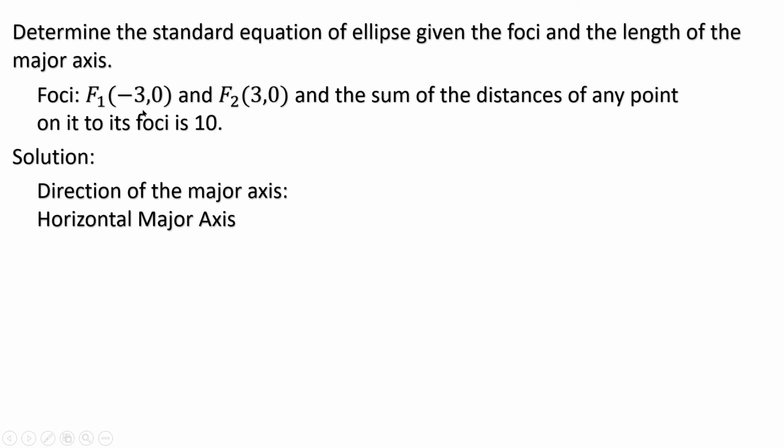If x is changing, it means horizontal. If y is changing, that is vertical. So the length of the major axis, 2a, is equal to 10. So a is equal to 5, therefore a squared is equal to 25.